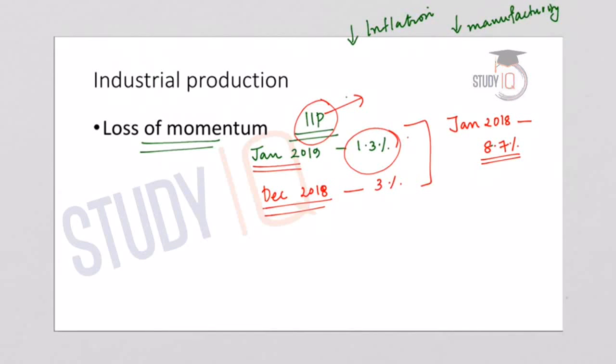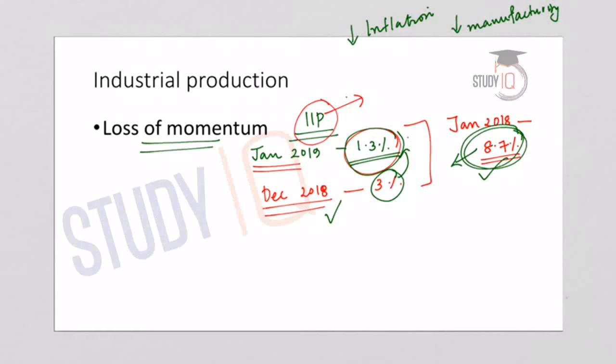So one year before, in Jan 2018, the growth in manufacturing output was 8.7%. But in Jan 2019, it decreased to 1.3%, and also from December 2018's 3%, it has come down.